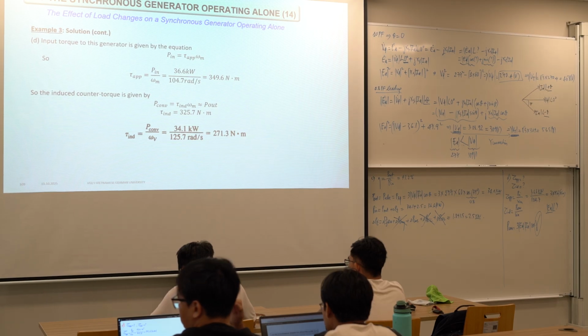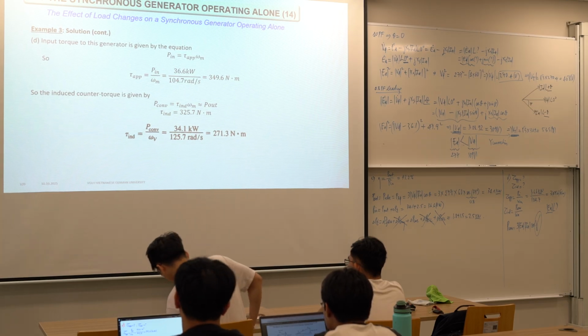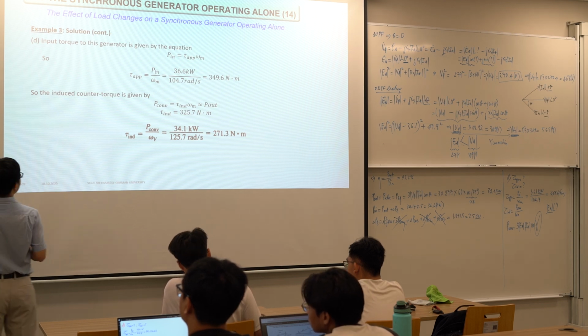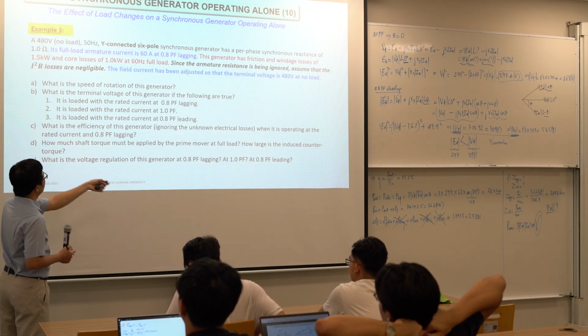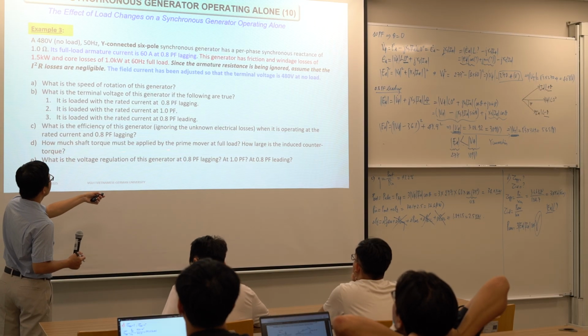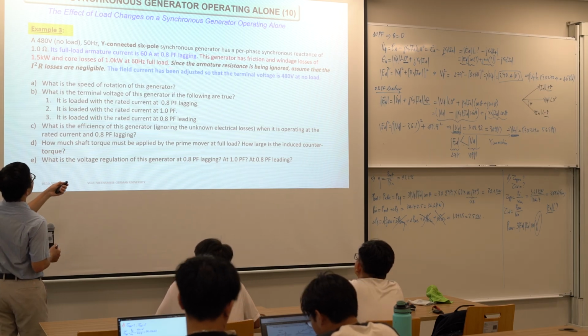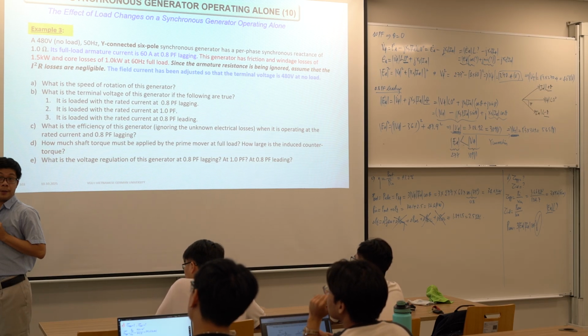V phase is how many? 277 with 0 degree, plus j, XS is 1, IA how many? 60 with, because this is lucky, just lucky, okay? So you get minus 37 degree.